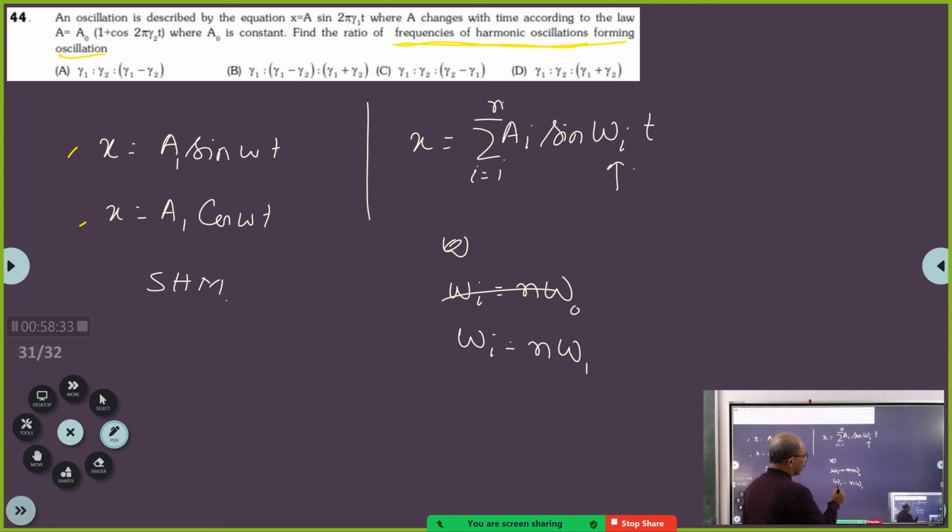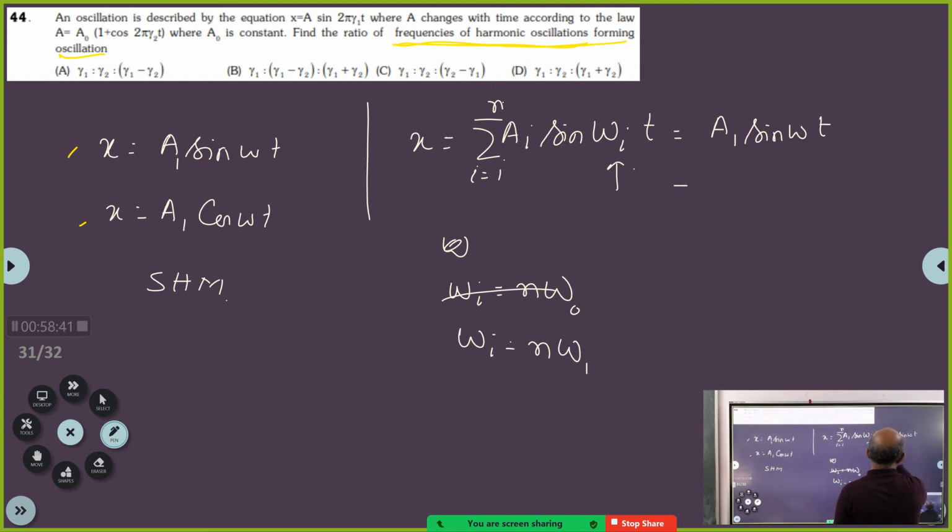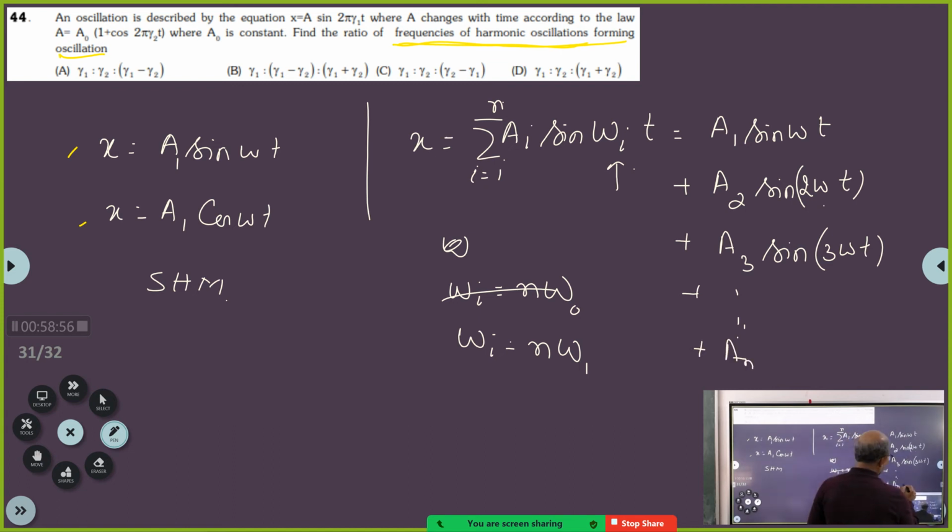What I mean is, if you expand this, what will you get here? A1 sin omega t plus A2 sin of 2 omega t, correct? Plus A3 sin of 3 omega t, and so on up to An sin of n omega t.